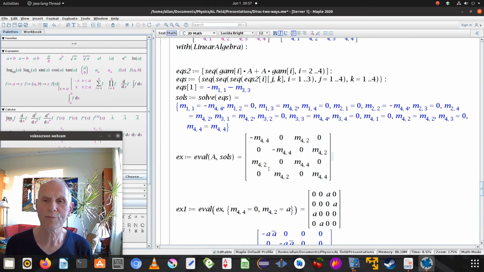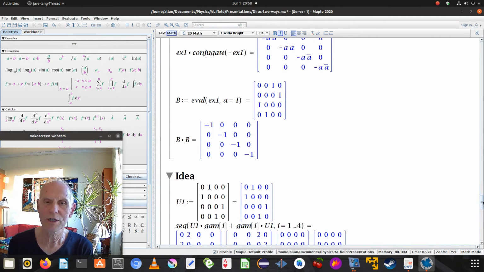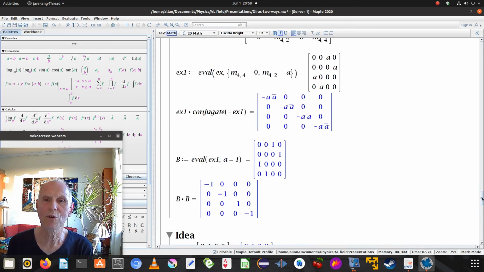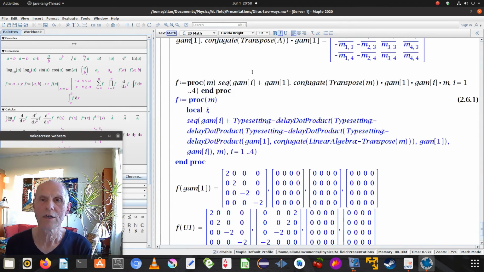But I looked for a solution with A here instead. And it's a little difficult to find one that is unitary. We can find one that is anti-unitary. That's very easy. But they don't seem to solve. You see, I defined F to be exactly the equation we had.